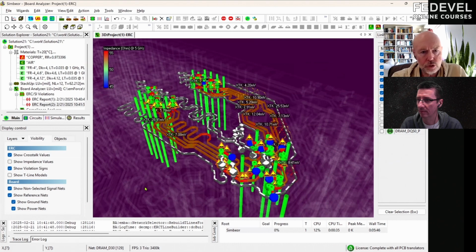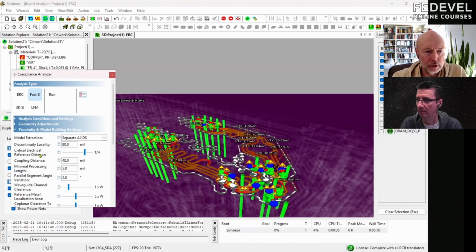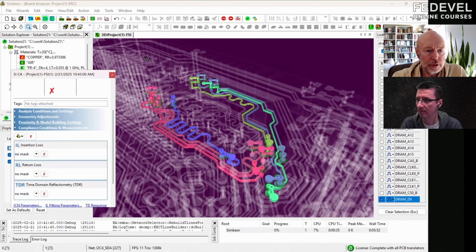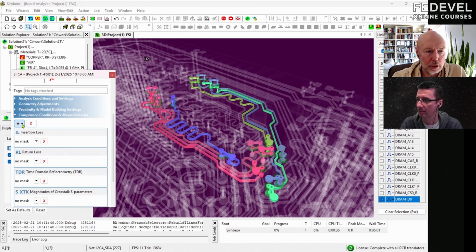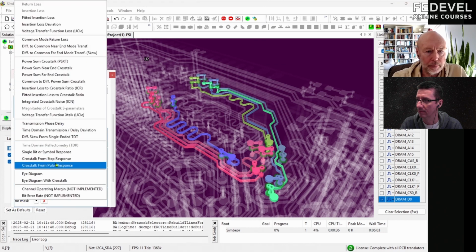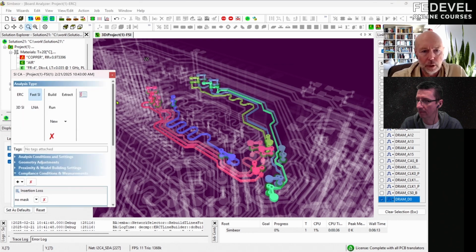Again, I use SI compliance analyzer here, switch to fast SI analysis. In fast analysis, I add crosstalk from scattering parameters, magnitudes of crosstalk as parameters, and crosstalk from pulse response. And for pulse response, a simple mask, like 10 millivolts.